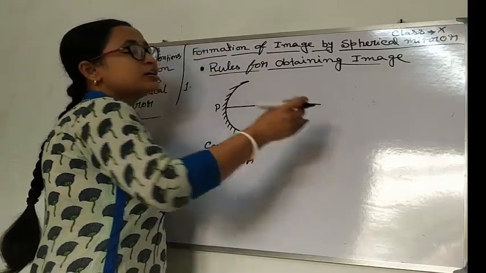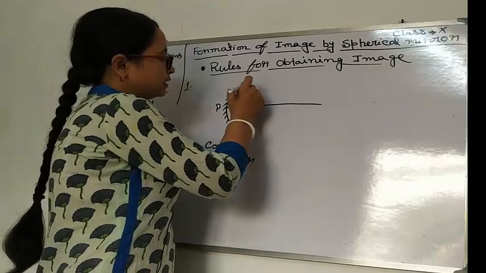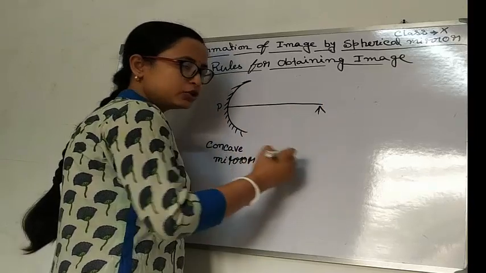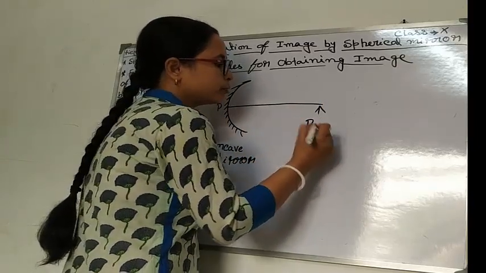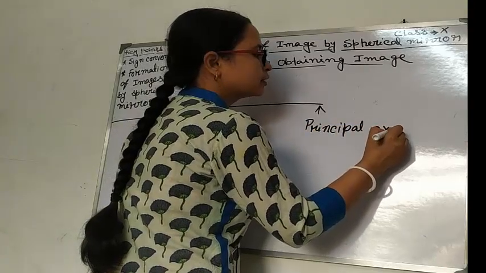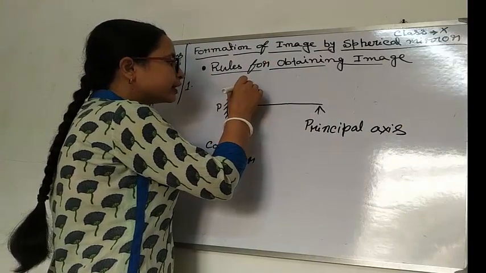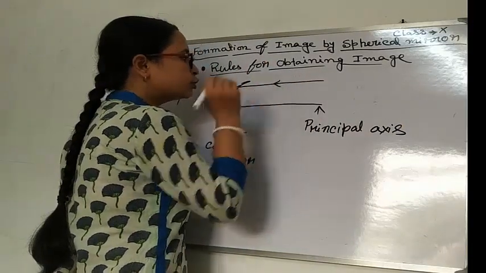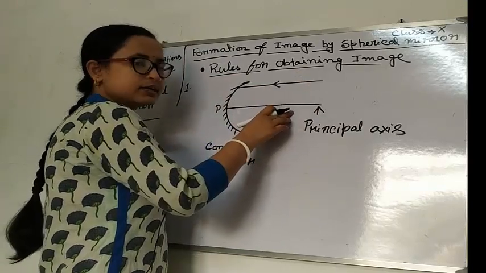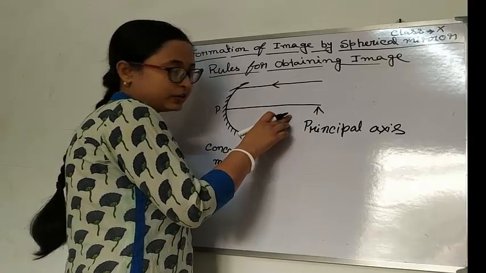Whenever any incident light ray comes parallel to the principal axis, which one is our principal axis? This one is our principal axis. So whenever the incident ray comes parallel to the principal axis, look at this, this is the incident ray and it is parallel to our principal axis.